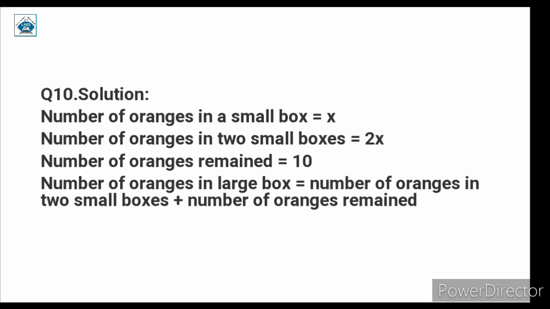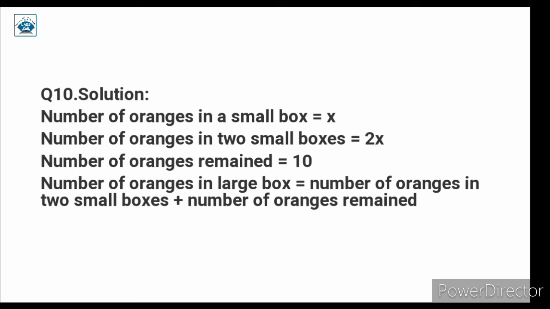Number of oranges in large box will be equal to number of oranges in 2 small boxes plus number of oranges remained. The reason we are adding these two is we are asked for the total number of oranges in the larger box.